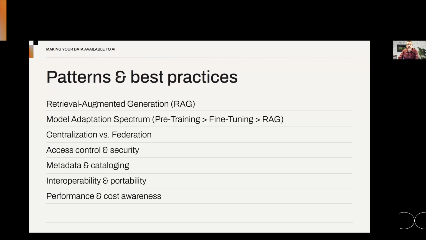Now, as data becomes available, it also has to become more protected. Lean heavily on zero trust principles. Authenticate every request, encrypt everything in motion and at rest, and give access based on roles, not location or assumptions. And then there's metadata and cataloging. Metadata, I love it.